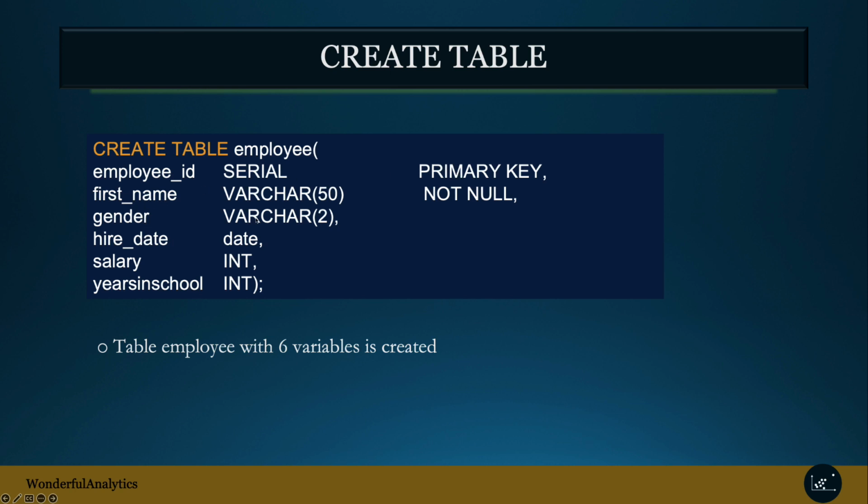I defined them by using VARCHAR(50), meaning the variable first name can store a maximum of 50 characters. We also put a constraint of NOT NULL on first name, meaning this variable can't have any null values in it. Other variables in this table are hire date, which is a date type, and salary and years in school, which are defined as integer type.